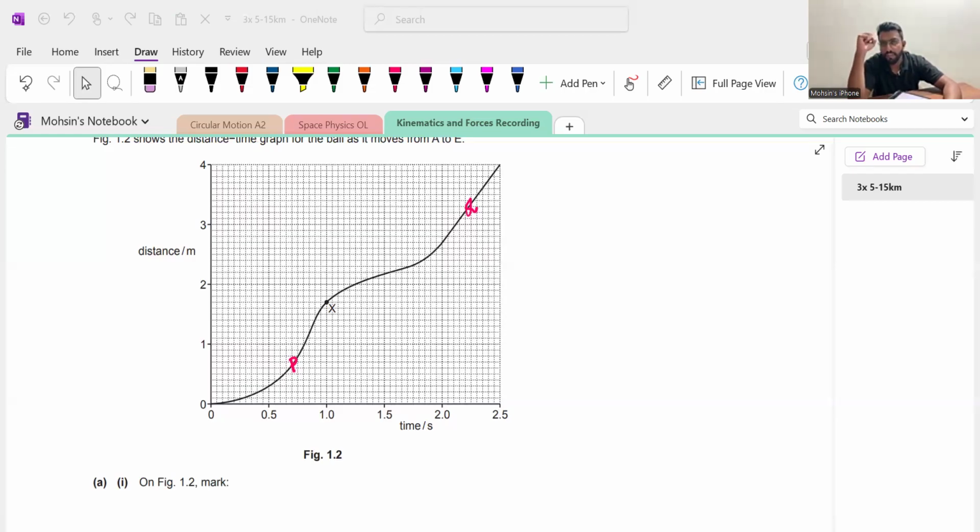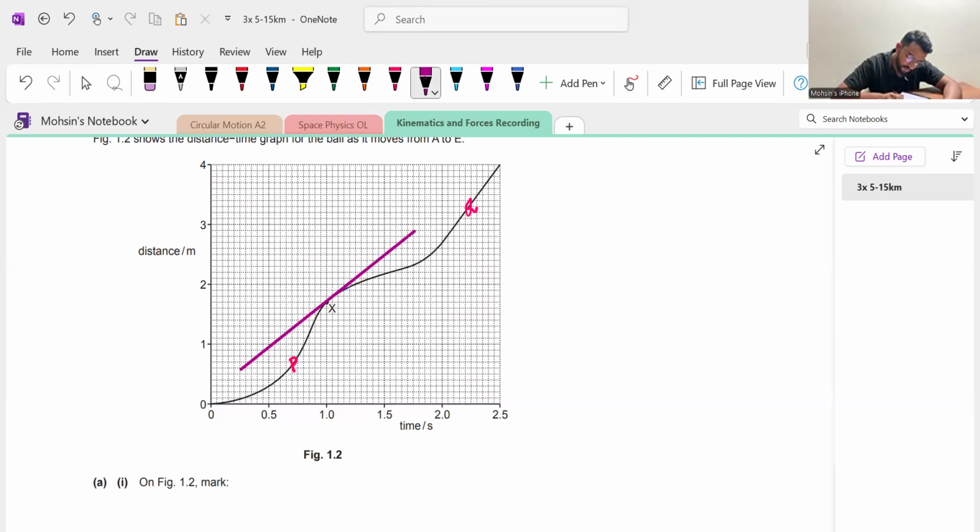Remember, whenever they ask you either acceleration or speed by using graph and you are required to find the gradient for that particular answer and it's a curve, you have to draw a tangent. So what I'm doing here? I am drawing a tangent here. You know what is tangent?